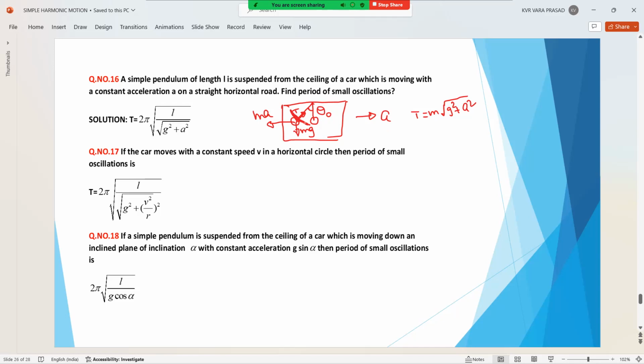So we are replacing the value of g with square root of g square plus a square. That is what we have written here. In place of g, write square root of g square plus a square.